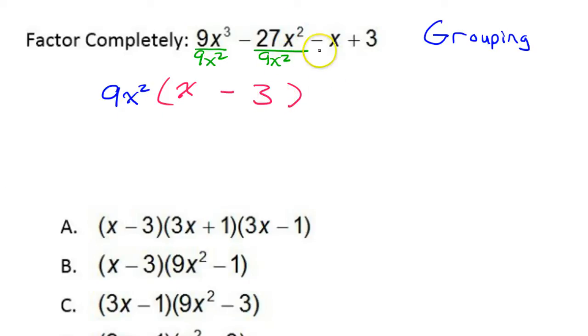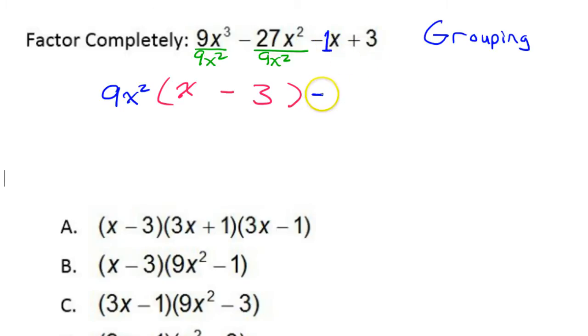So I've got that. Now, this next part is a little bit tricky. Students make mistakes here. The easiest thing to do is to go ahead and think about the invisible number in front of the x here. There's an invisible 1. And that's what we're going to use as the common factor.